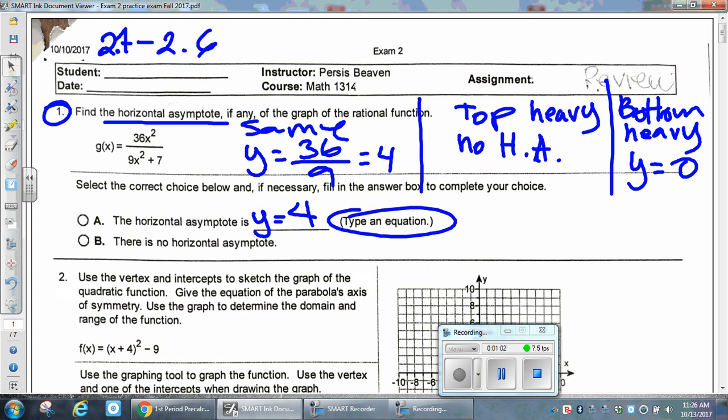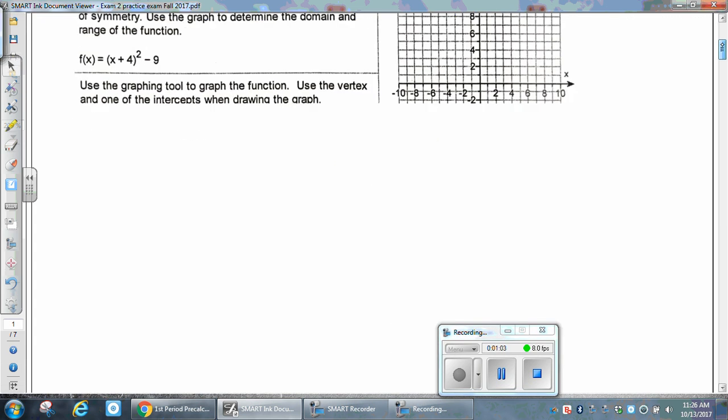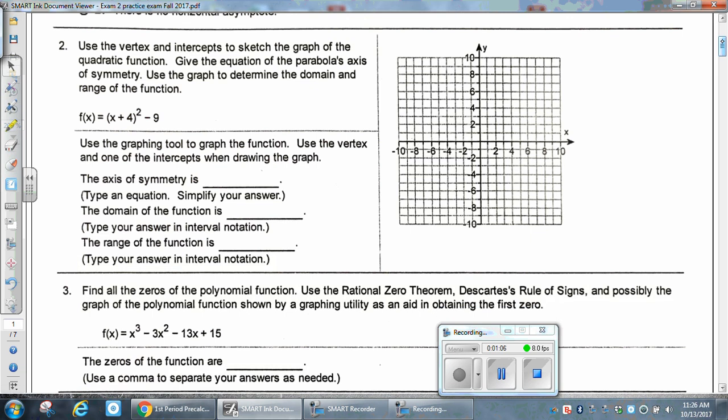Now next question, we have here the quadratic function, and it is written in standard form. The one on your test is also in standard form. But what we need you to acknowledge is that to get the vertex from here, you have to consider the standard form has a negative right there next to the h in front of it.